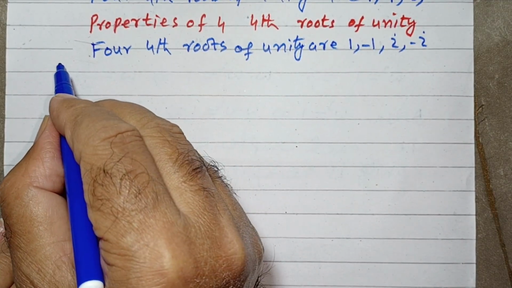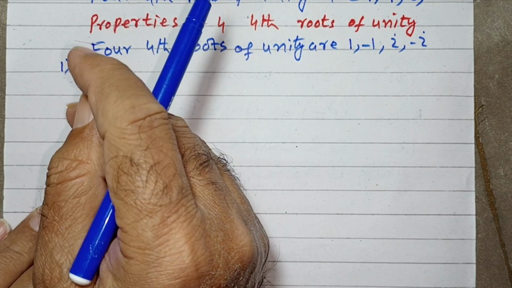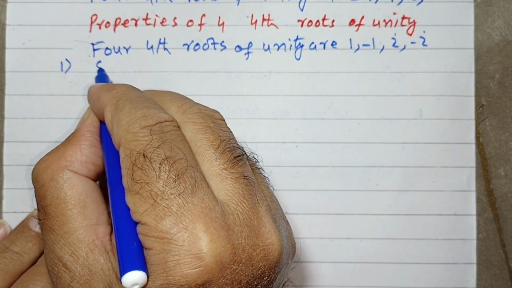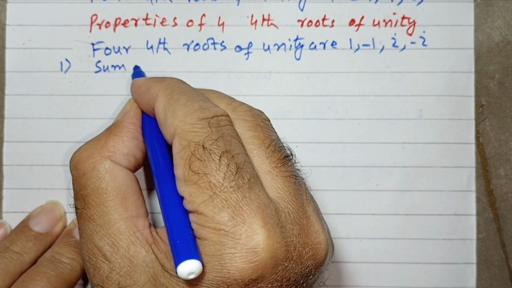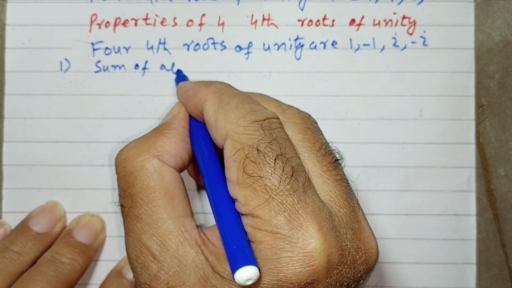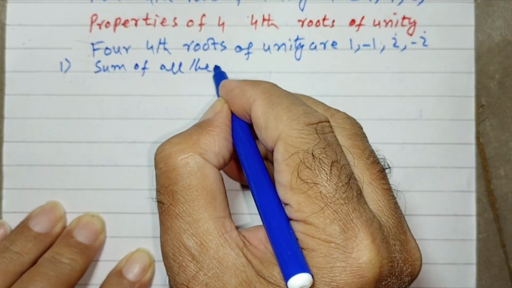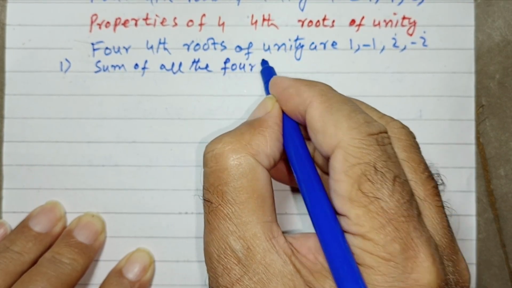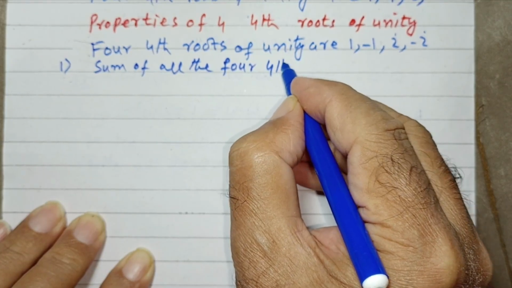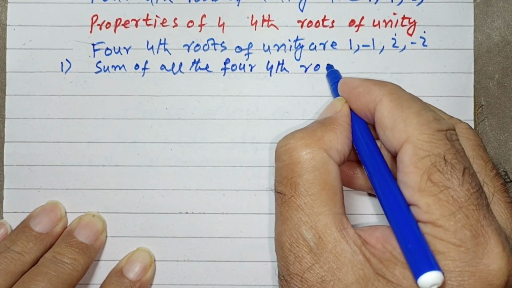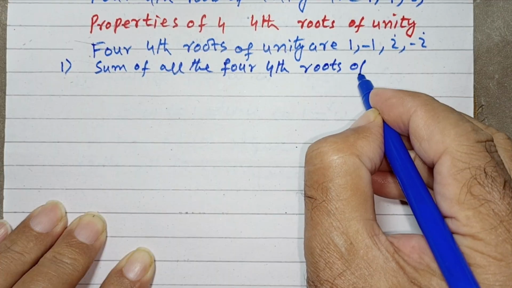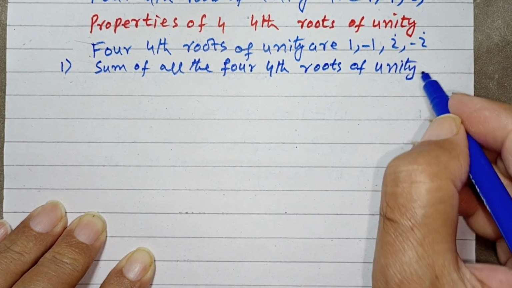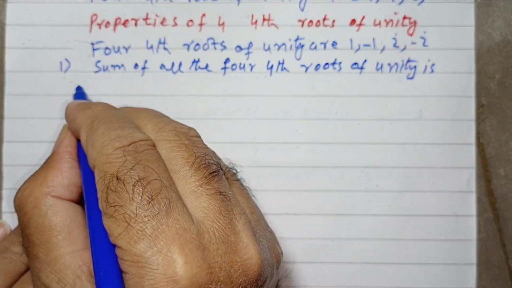तो प्रॉपर्टी नंबर 1 है sum of all the four fourth roots of unity is 0.